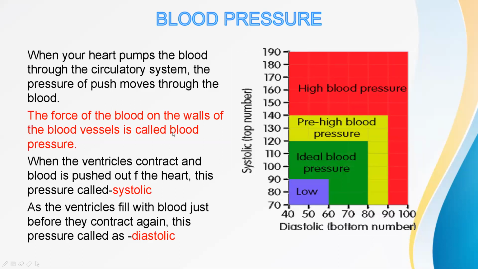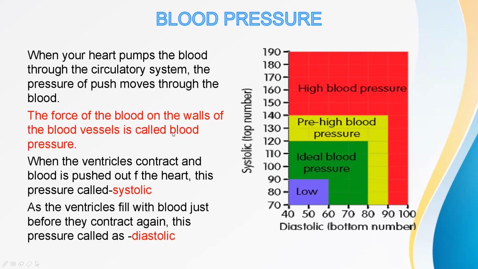In the similar way, when your heart pumps the blood throughout the circulatory system, the pressure generated from the heart will push through the blood, and all the body parts will get this pressure.